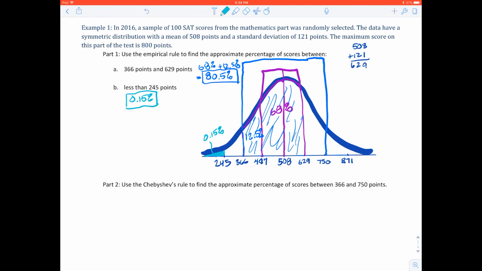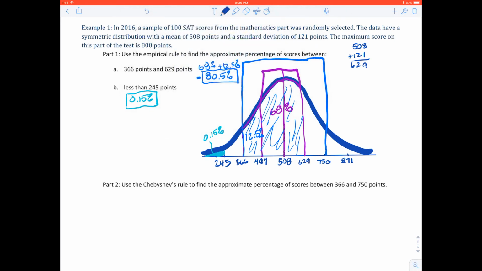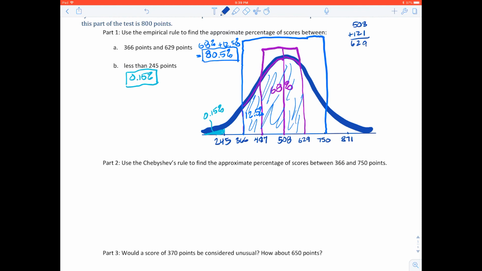All right, now let's use Chebyshev's rule to find the approximate percentage of scores. With Chebyshev's, we have the 366 again and the 750, and those lie within 2 standard deviations. So wouldn't our K be equal to 2?